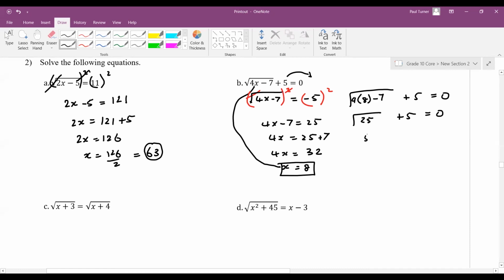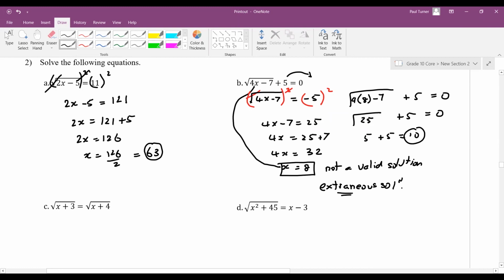But what happens here then? You get 10, not 0. So this solution actually doesn't work. So this is not a valid solution. You could call it an extraneous solution.